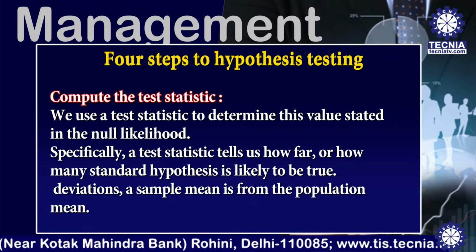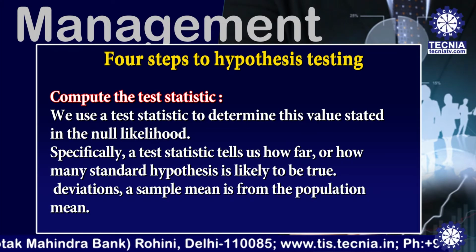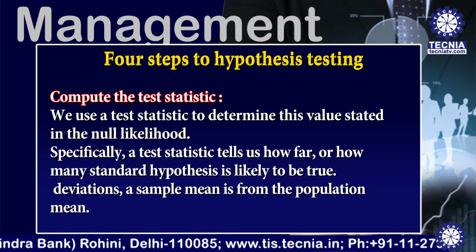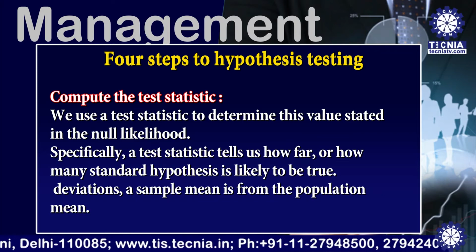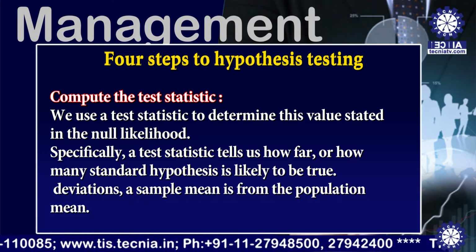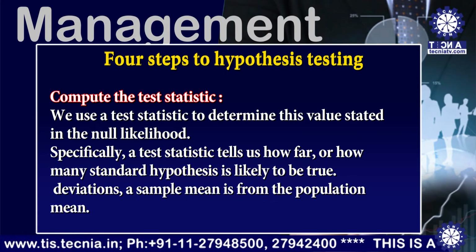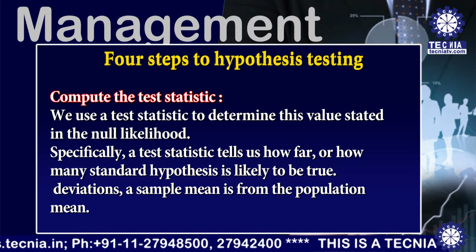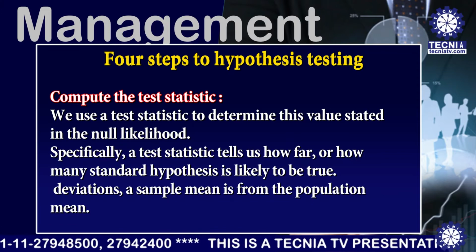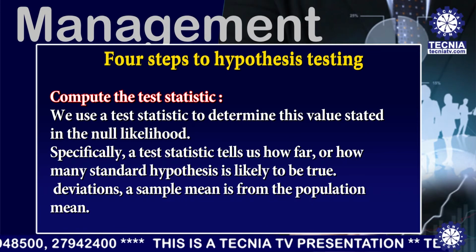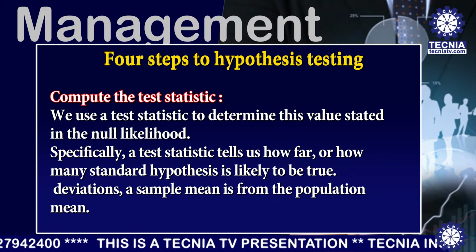We use a test statistic to determine this likelihood. Specifically, a test statistic tells us how far, or how many standard deviations, a sample mean is from the population mean.